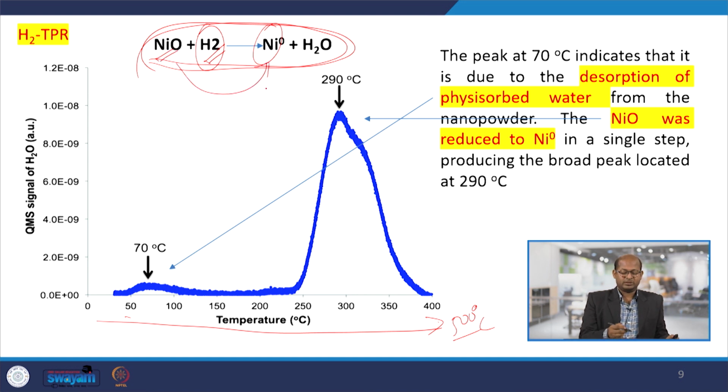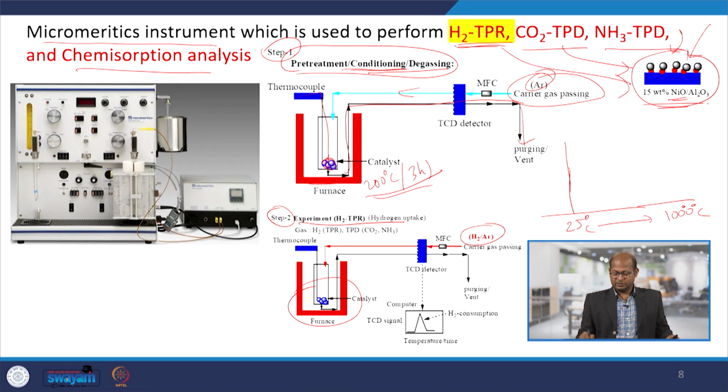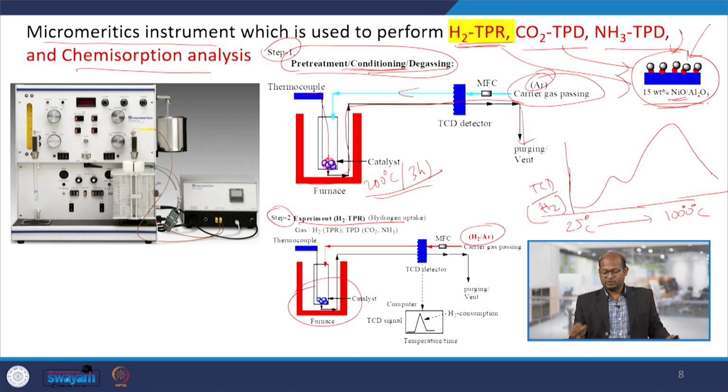The metal forms on the catalyst surface and hydrogen gas adsorbs, so the amount adsorbed reflects the amount of nickel oxide present. We get the TCD signal on the y axis and temperature on the x axis. The TCD signal means the amount of hydrogen gas consumed up to that temperature, so this type of curve would come.